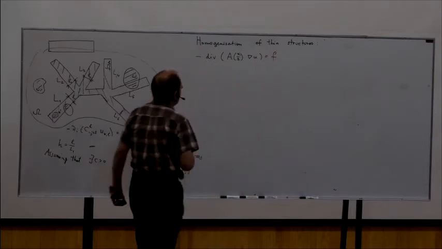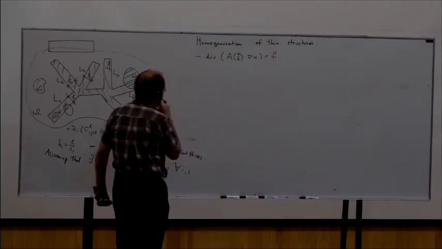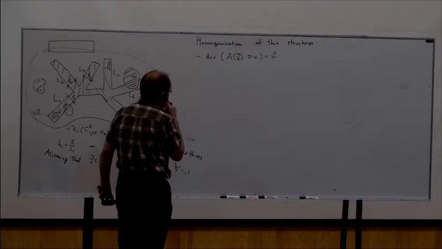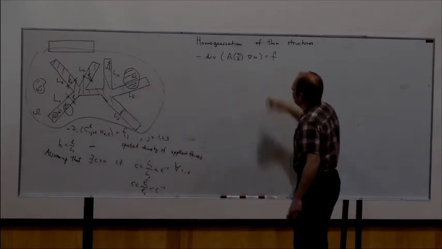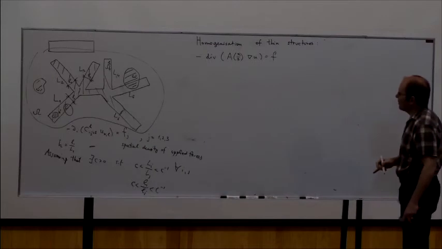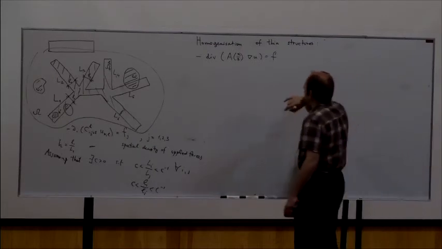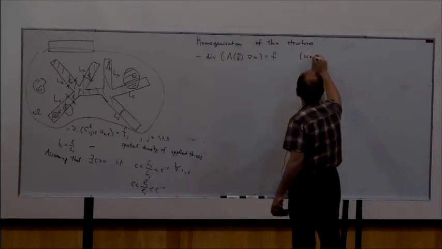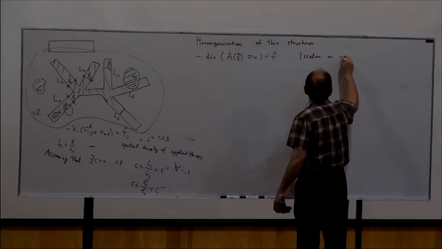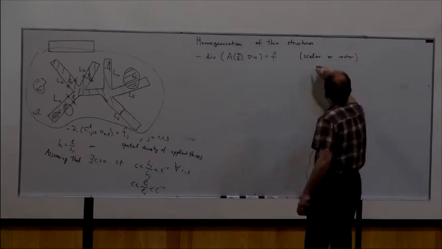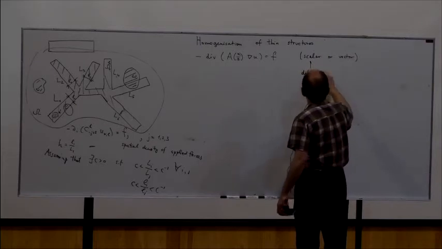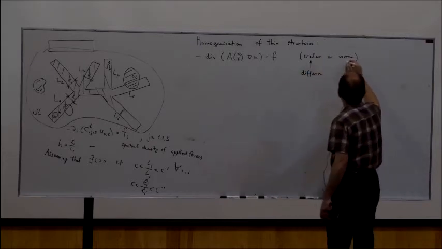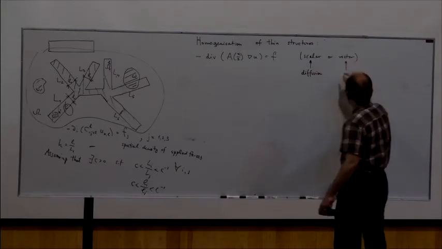So if I start with this equation, you can think of it the way you like. So you could think of this as a scalar equation, or like sort of diffusion, right? Diffusion, or you can think of this as a vector equation, and then this is going to be, say, elasticity.